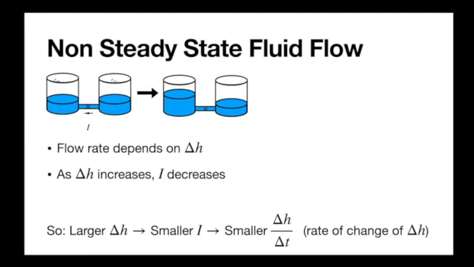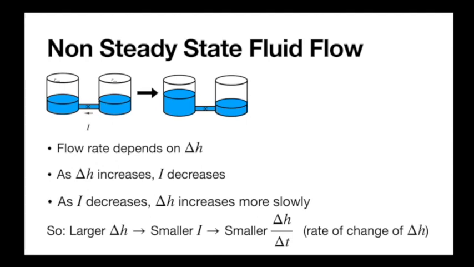And so we find that doubly, H and I are related. The way they're related is that as delta H increases, I decreases. So as the height difference increases, the flow rate, the current, goes down. And then also, as I decreases, H increases more slowly.